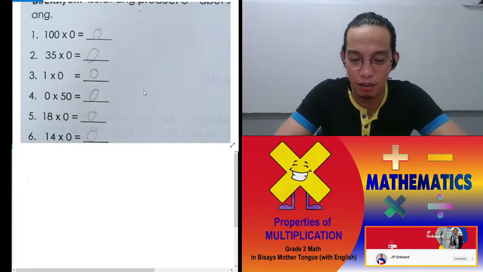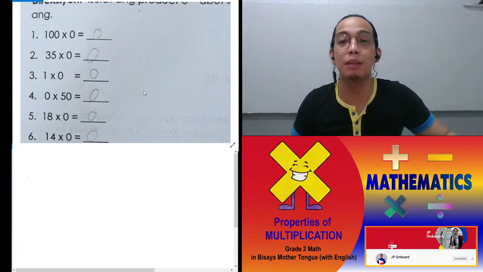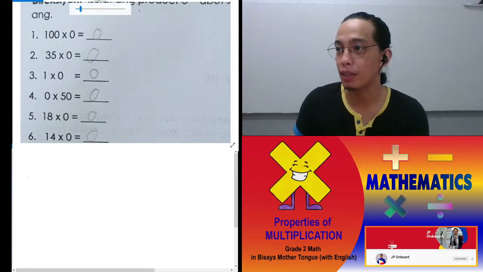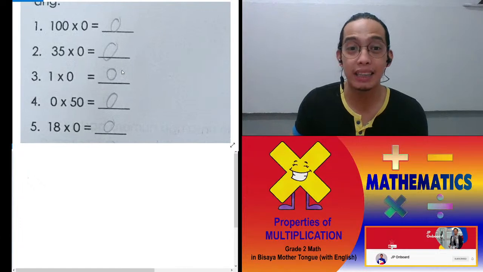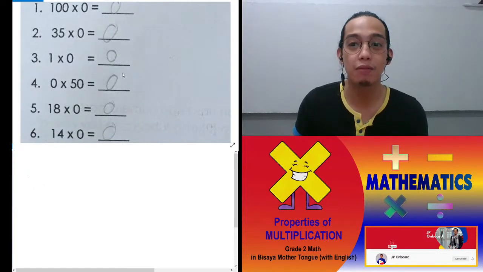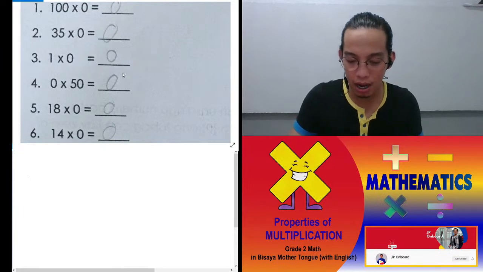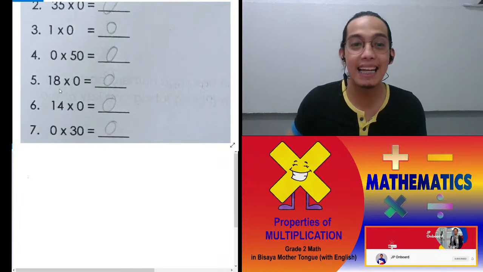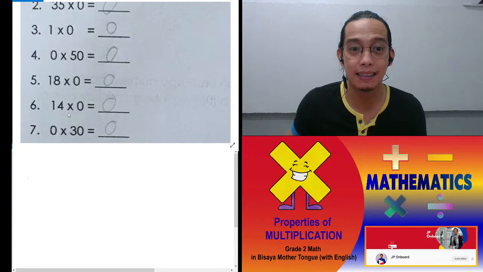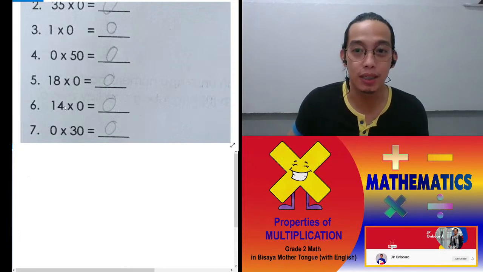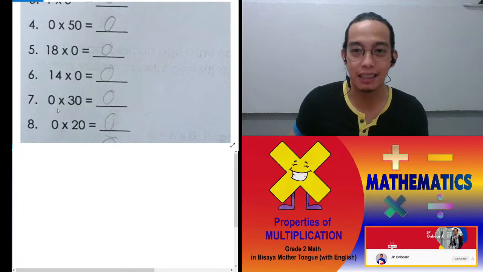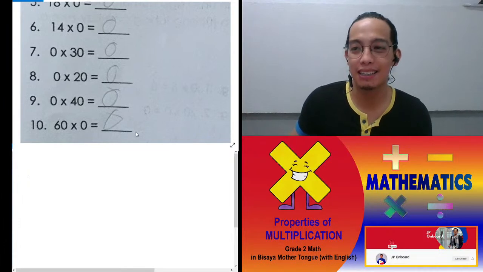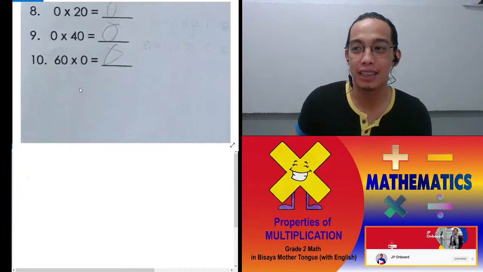Okay, 35 times 0 is 0. So, any number multiplied by 0 is 0. Number 3, 1 times 0 is 0. 0 times 50, bisag mauna ang 0, 0 gyapon ang answer. 0 times 50 is 0. 18 times 0 is 0 still. 14 times 0 is 0. 0 times 30 is 0. 0 times 20 is 0. 0 times 40 is 0, and 60 times 0 is 0.